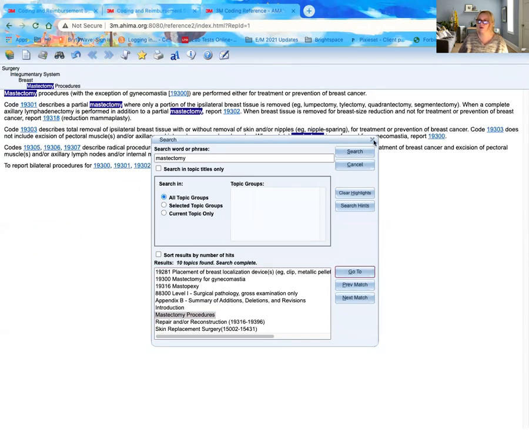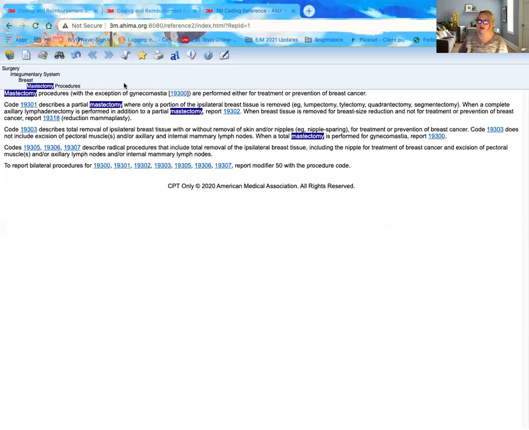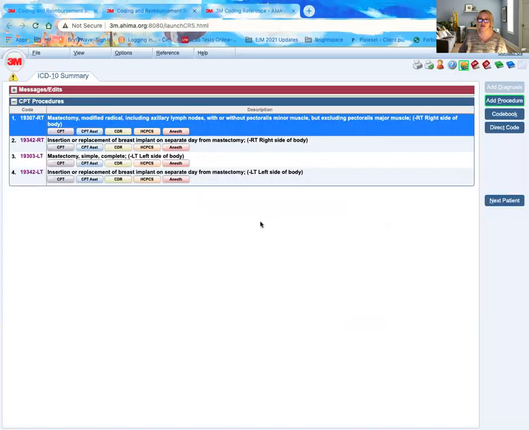So that might be one way that I can go a little faster. This actually took me to the guidelines. So this may not be the fastest way to go if you're using 3M, but there are ways to do it. My recommendation is to take your time and explore it, because you never know what you're going to find.